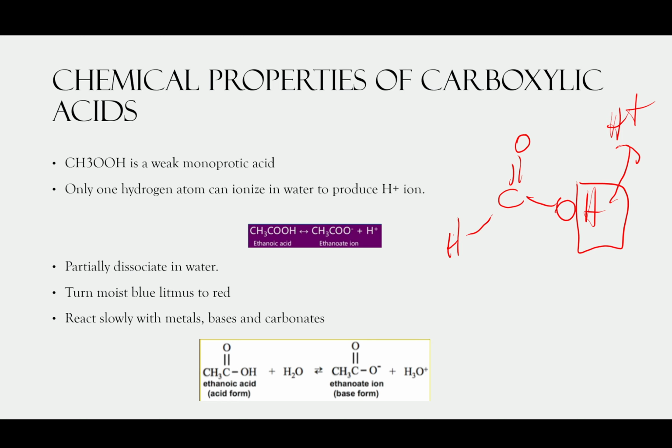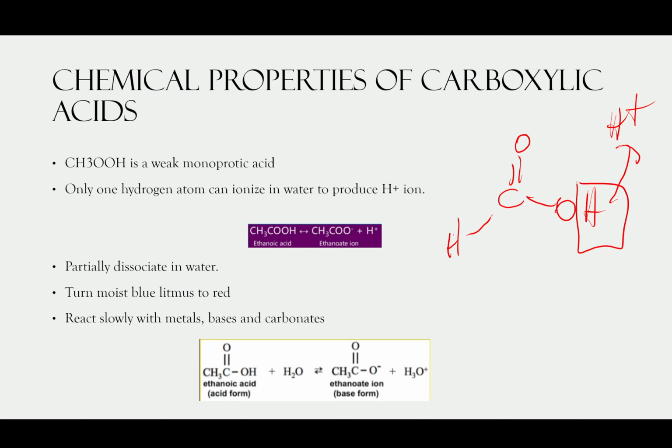Okay, so I'm going to ask the question again. What do we know about acids that have partial dissociation? They are classified as weak acids. Lovely. All right. We know that organic acids are weak acids. So they turn moist blue litmus red. We know that already. And they react slowly with metals, bases, and carbonates.